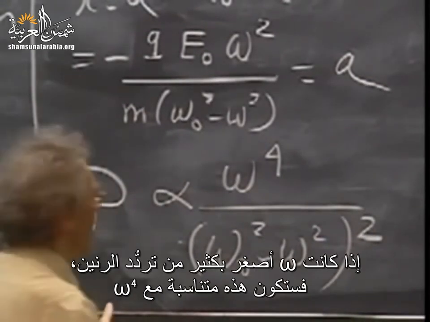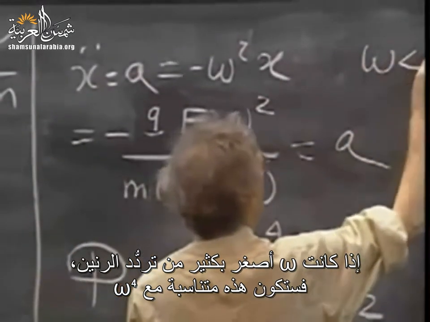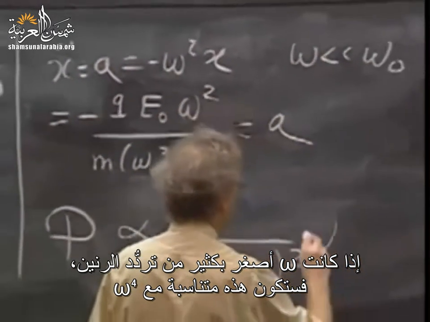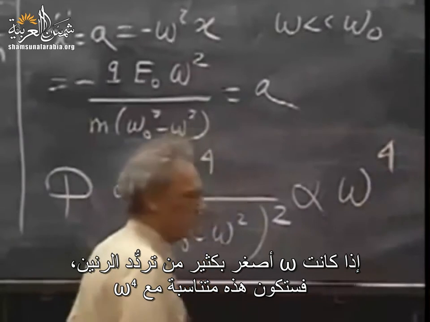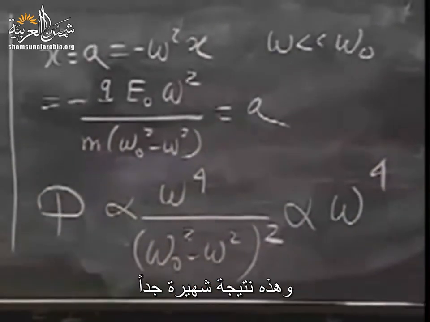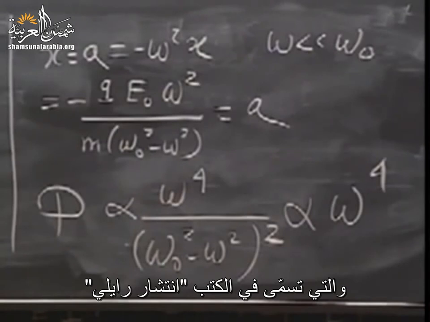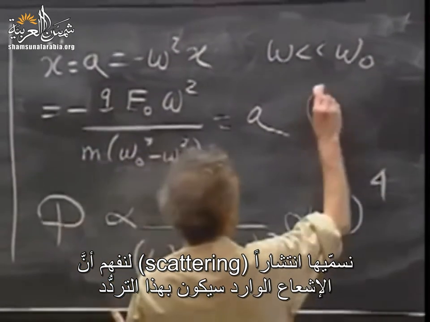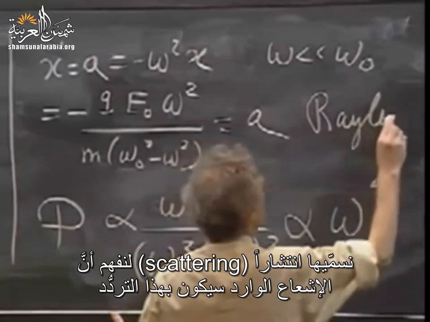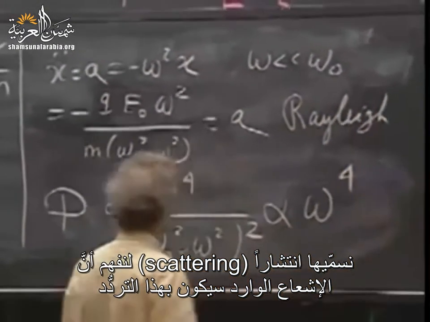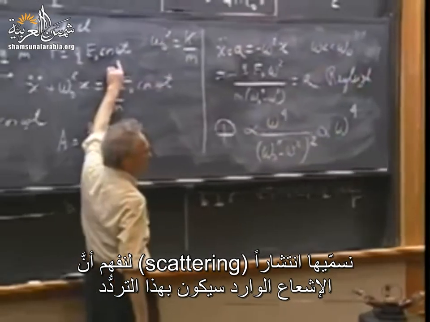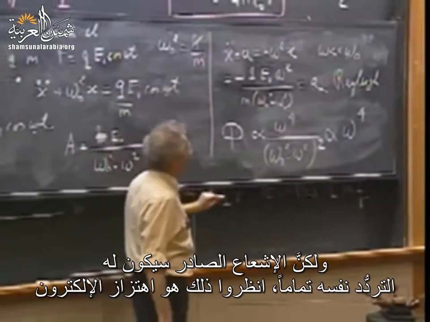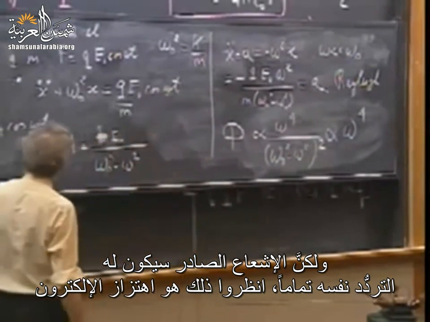And now, if omega is way below resonance, this is proportional to omega to the fourth. And that's a very famous result, which is known in the literature as Rayleigh scattering. The reason we call it scattering is that the radiation that comes in has this frequency, but the radiation that comes out has exactly the same frequency.